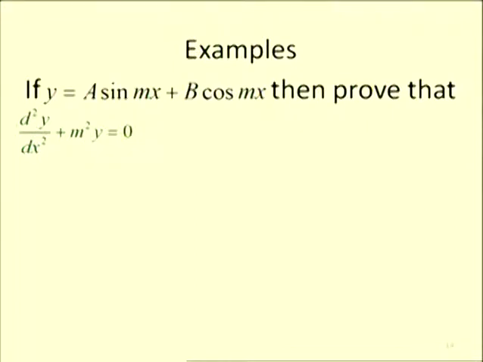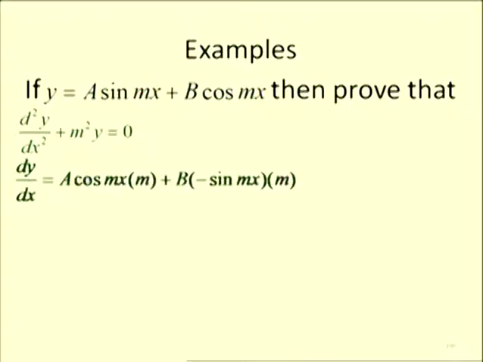So in order to prove this equation, that is d2y by dx2 plus m square y is equal to 0, let us differentiate the given function with respect to x first. So let us find dy by dx. So dy by dx is equal to a, derivative of sin x is cos x.